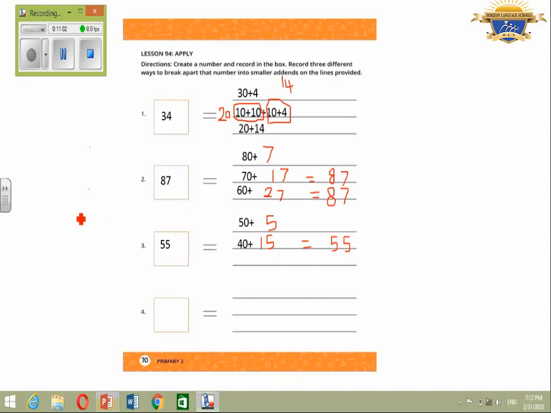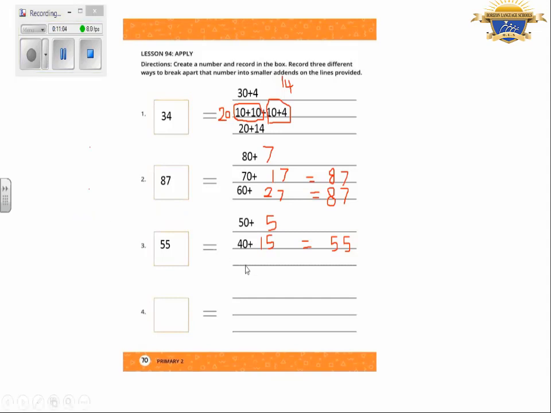Okay, the third way to decompose number 55. I will take another 10 from 40. So the 40 will be 30 because I take away 10 from 40. And I will add this 10 to number 15. So 10 plus 15 equals 25.